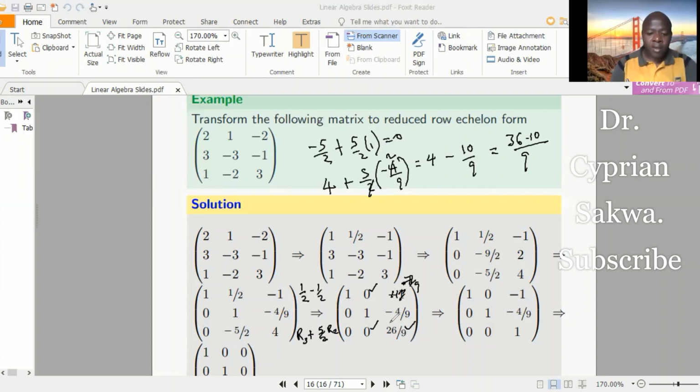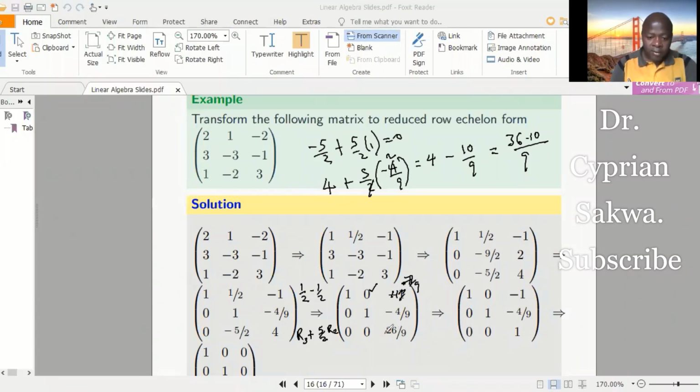Then the next thing I want is to create a 1 in this position. You just erase this. And you know that we corrected this entry and wrote it as negative 7 over 9.